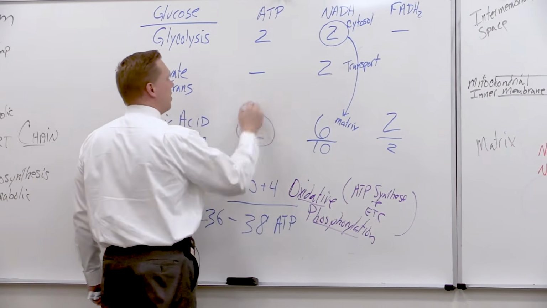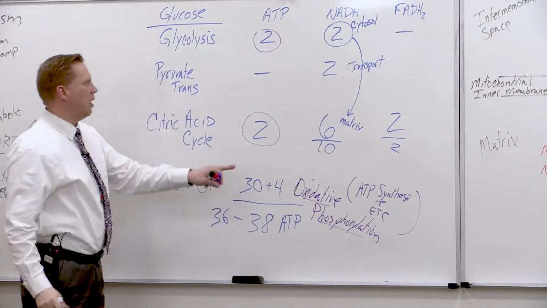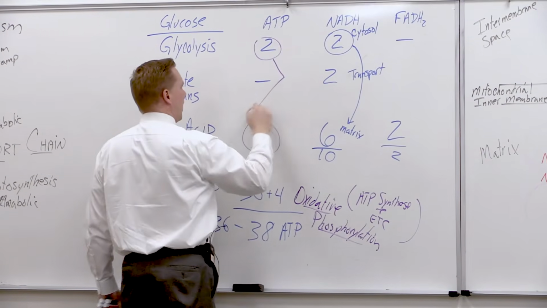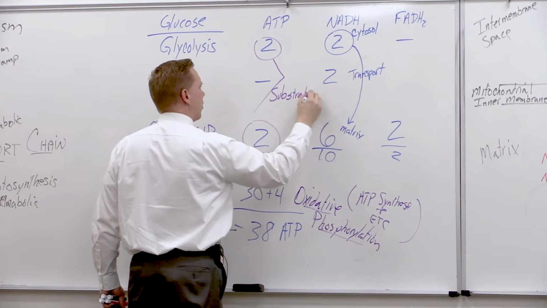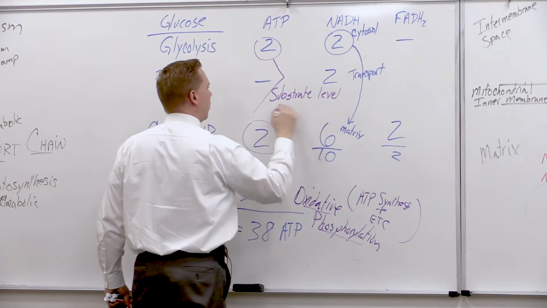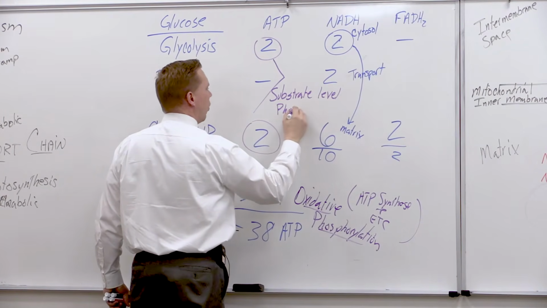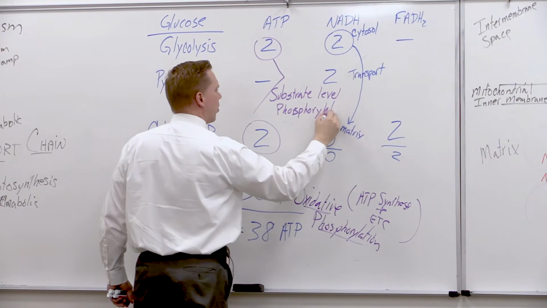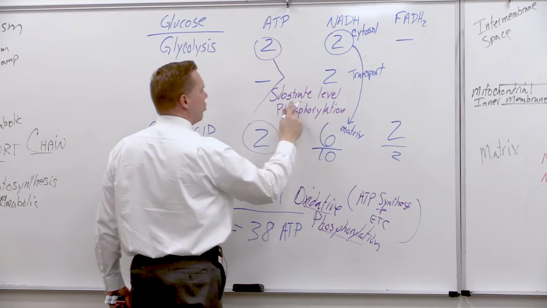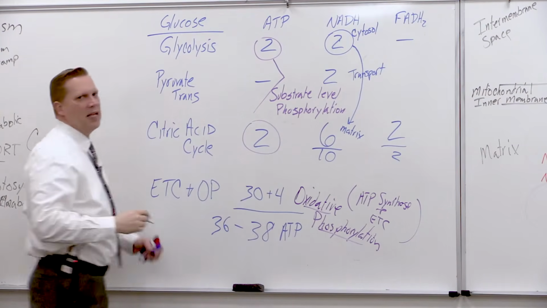Notice that these ATPs up here were not. These ATPs were made using what we called substrate level phosphorylation. So we have then two different ways of making ATP.